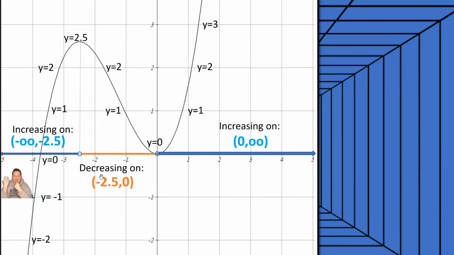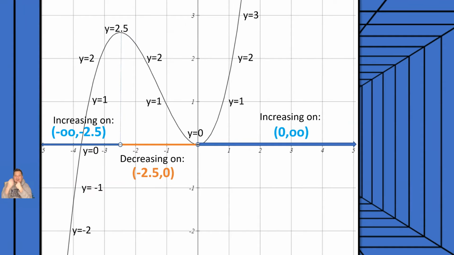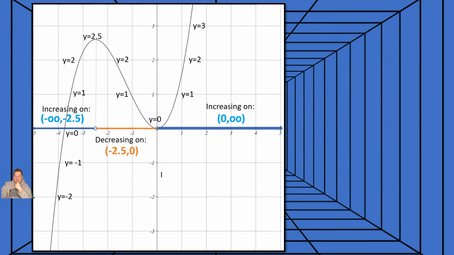Now, the only thing left is to realize, by looking at this picture, that clearly there are two intervals of increase. So you have to splice those together in some fashion. And we do that by using U, which is U for union. So to do that, it's going to look like the following. I'm going to say that it's increasing on, and this is the last piece, negative infinity, comma, negative 2.5, and then you put U, which is short for union.